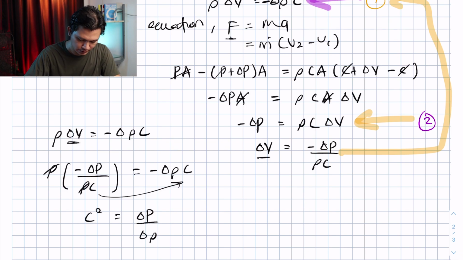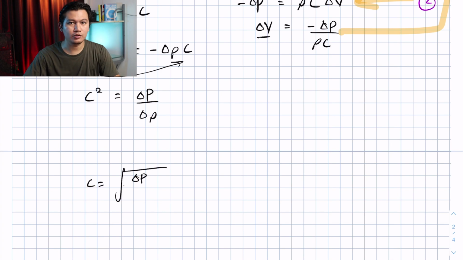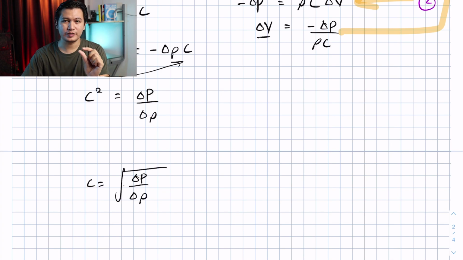Okay, and C now is equal to square root of delta P over delta rho. Okay, so now it's quite obvious that the speed of sound depends on the square root of the change of P divided by the change of density. When you find this term, then you can find what is your C.